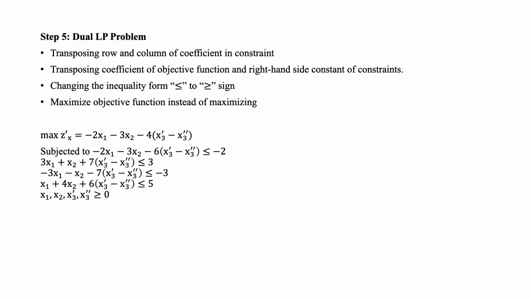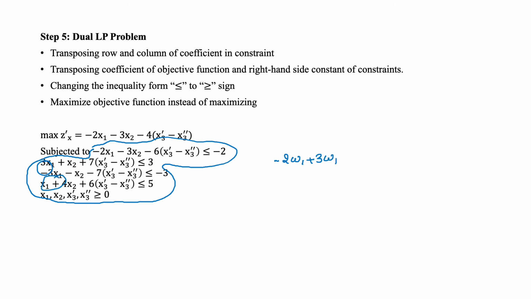In that, as I discussed in the earlier lecture, for constraint equations, rows will convert into columns and columns will convert into rows. So minus 2x1 will become minus 2w1, then 3x1 will become plus 3w1, then minus 3x1 will become minus 3w2 double dash, and then we have plus 1 w3.